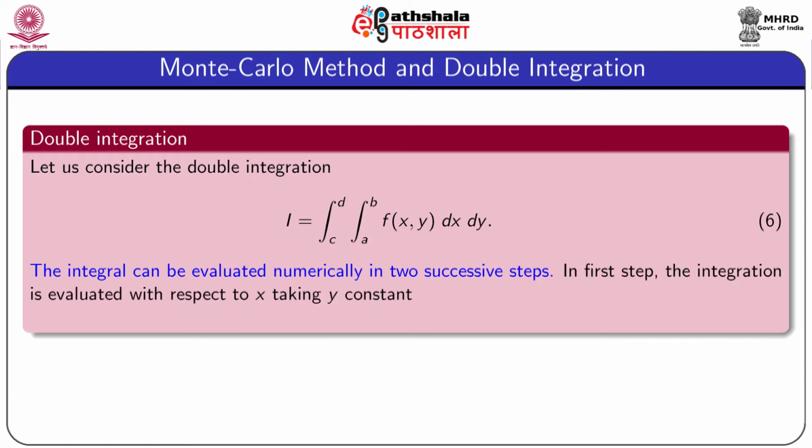In the first step, the integration is calculated with respect to the variable x, taking y as a constant quantity. And in the second step, it is evaluated with respect to y. In the second step, the variable is y and x is already evaluated. That is why in the second step, the integration is performed over the variable y.